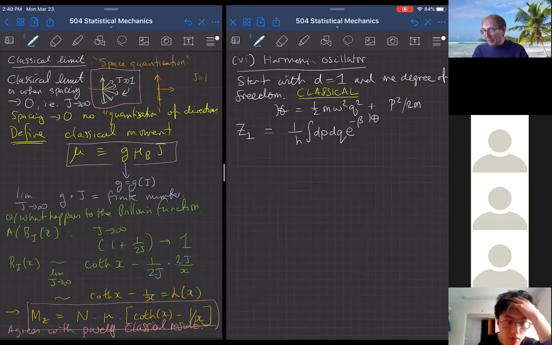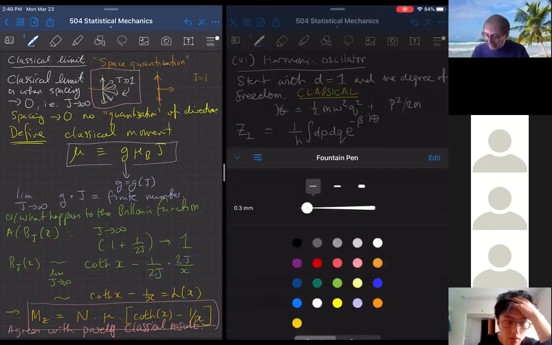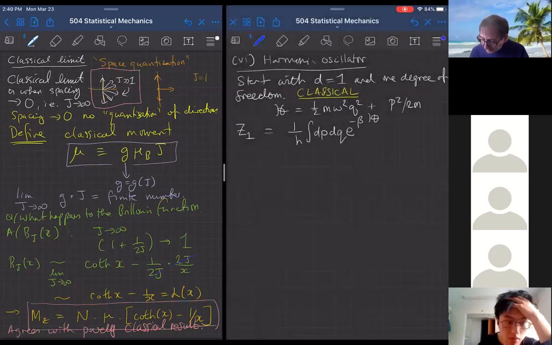That Hamiltonian factorizes because we have the part that is the potential energy over here, and then the part which is the kinetic energy over here. And so we can factorize those integrals.